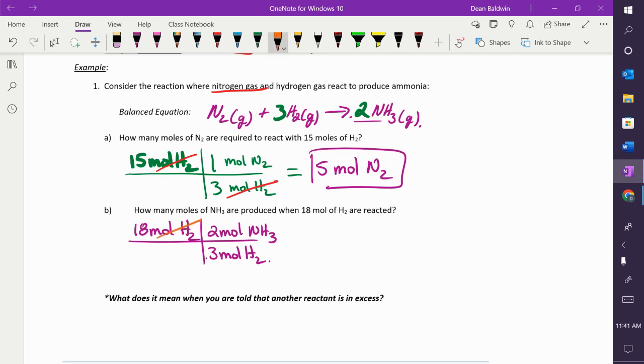Okay? The moles of H2 will cancel moles of H2. So then it's 18 times 2 is 36. 36 divided by 3 is 12 moles of NH3.